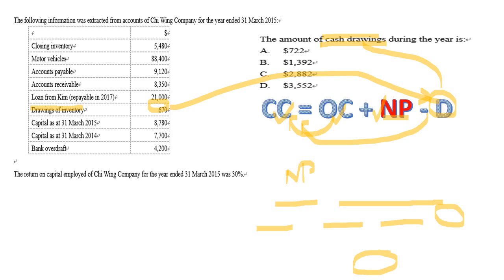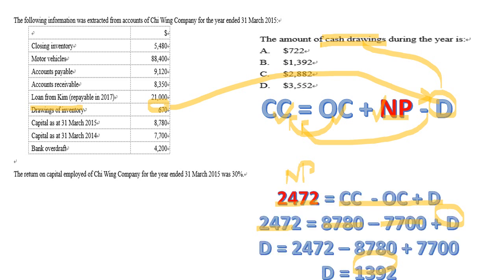So we can make use of this formula again to calculate the drawings, because there are two parts of drawing: one is cash drawing, another part is drawing of inventory. All those figures are given. This one and this one are from before. So put it here. This is the answer before, no, the net profit. This is net profit. It is equal to... we change the subject.